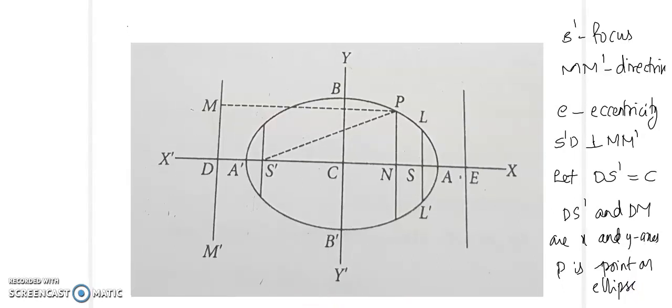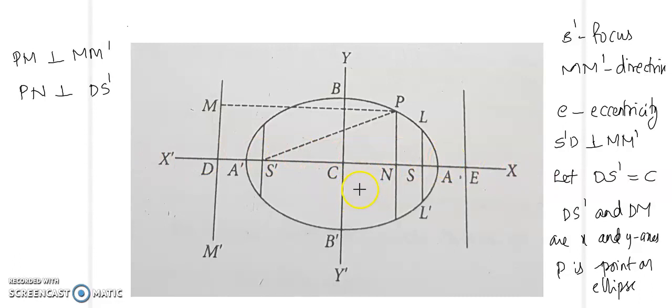And again, you can see PM and PN. PM and PN are perpendicular to MM dash and the line DS dash. So PM is perpendicular to MM dash and PN is perpendicular to the line DS dash. When I mean DS dash, that is the extended line.